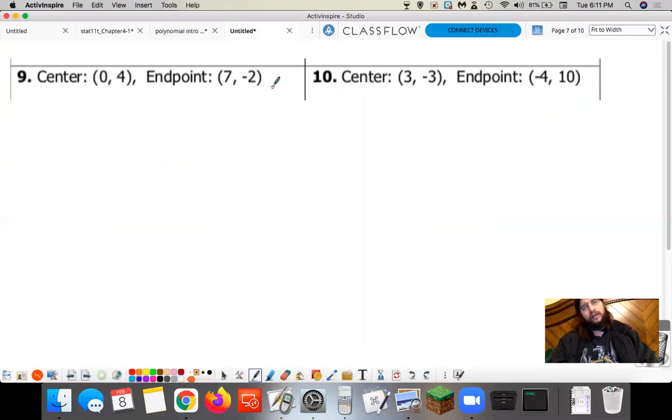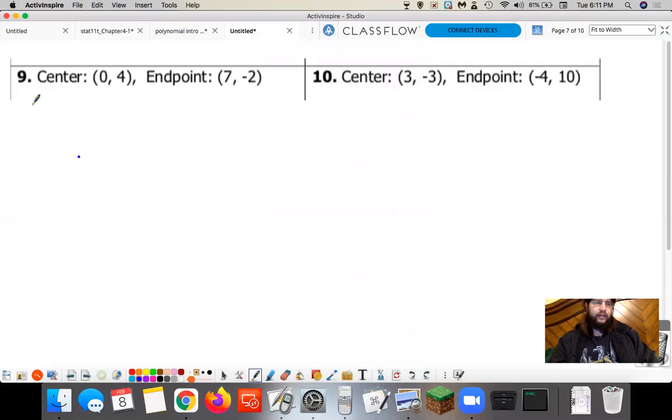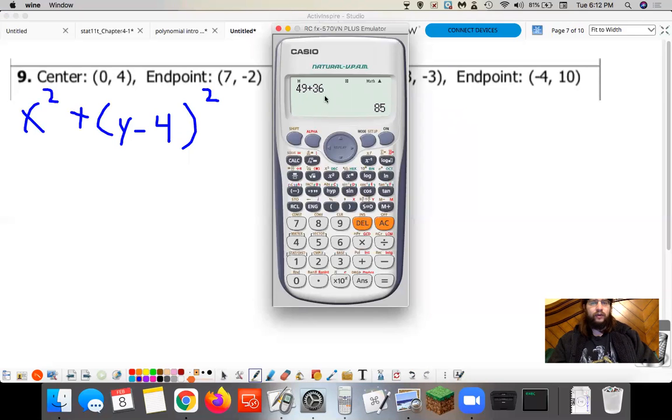And this one, same thing. We get 85, we do that. So that's going to be just x squared, right? Plus (y minus 4) squared, and then that's 49, that's 6, 36 and 49 make 85.